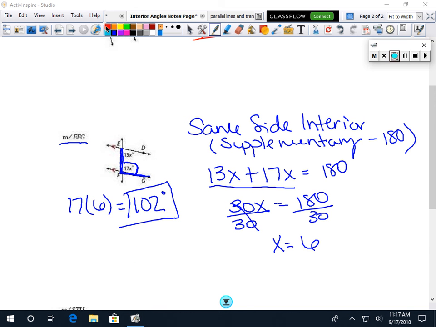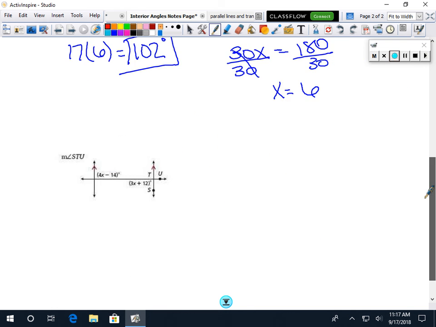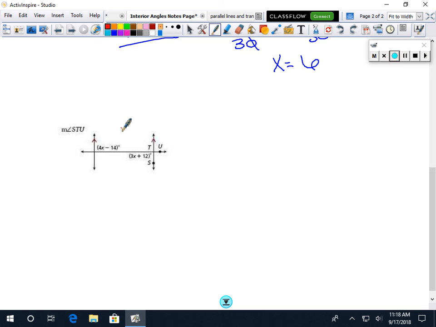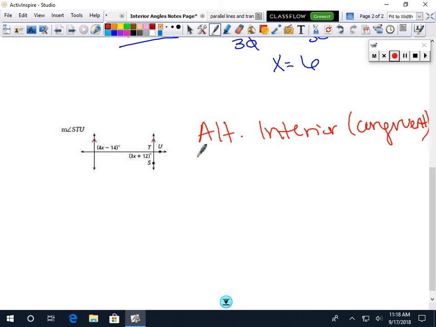Looking at the last example here, these two angles are alternate interior angles. And alternate interior angles are congruent. So to set this up, I'm going to set these two angles equal to each other.